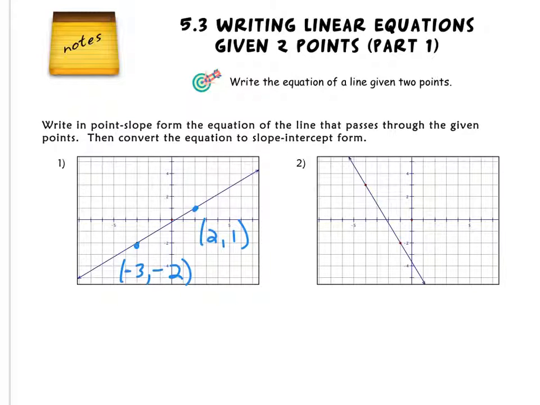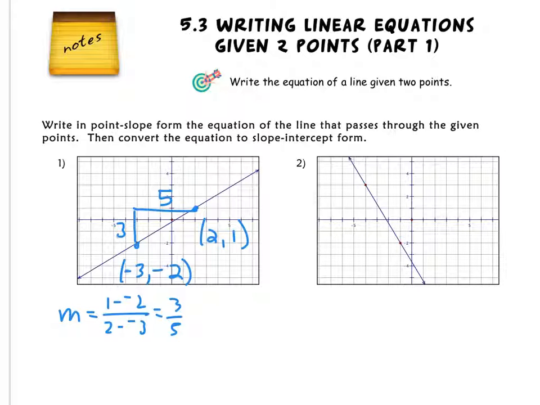Okay, so our slope, reminder, is going to be y2 minus y1 over x2 minus x1. So 1 minus -2 over 2 minus -3, giving us 3 over 5. All right, other things that you can do, remember up 3 over 5, you can find it that way.